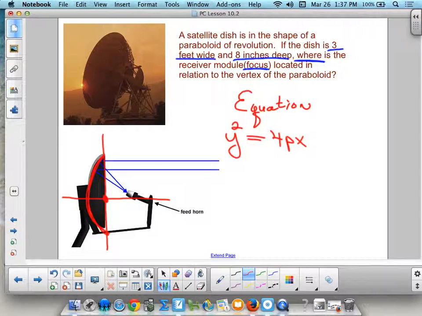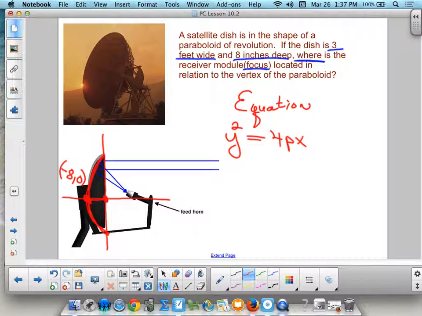How far back is the vertex? 8 inches to the left of the origin, but what would the point be? Negative 8, comma 0 for the vertex.